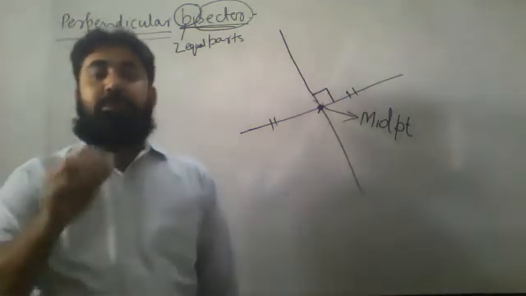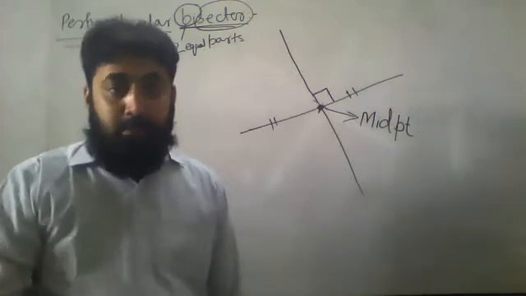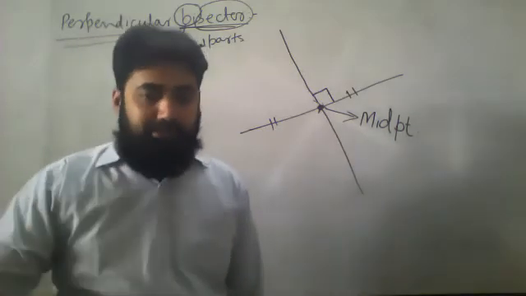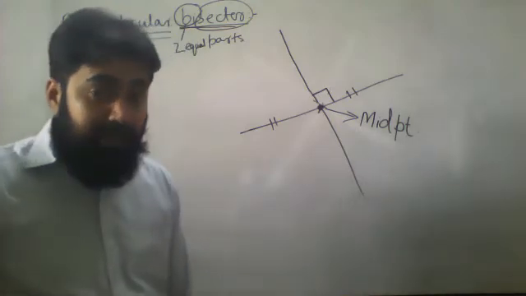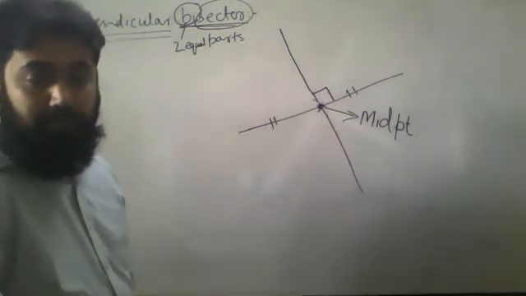This is the difference between exercise 7.6 and 7.7. In 7.6, the intersection point can be anywhere. But in 7.7, your intersection point will always be equal to the midpoint.